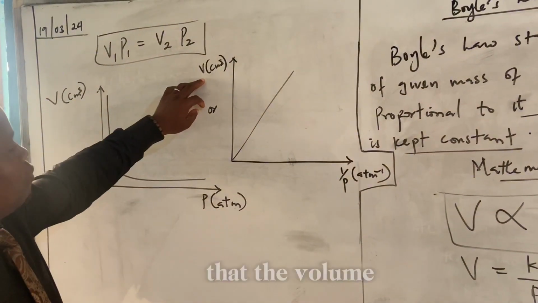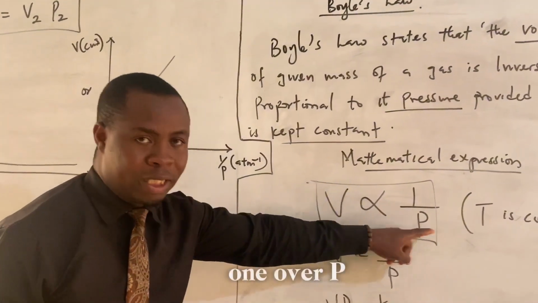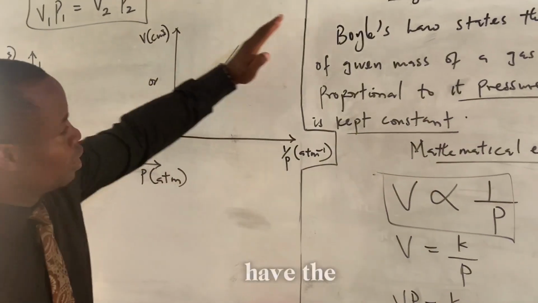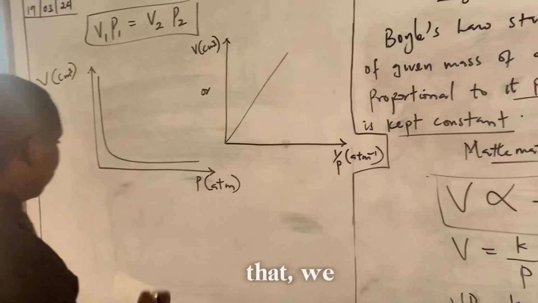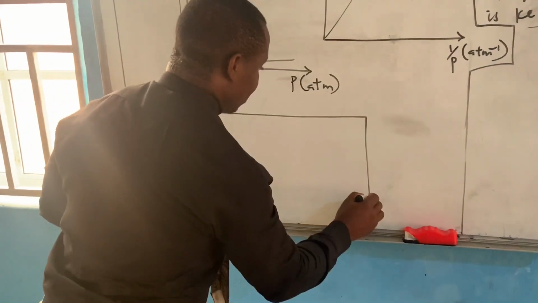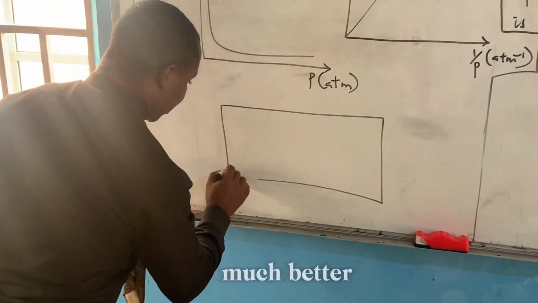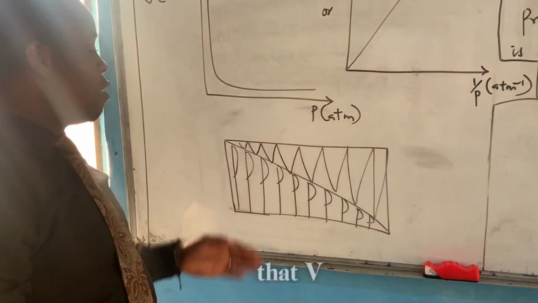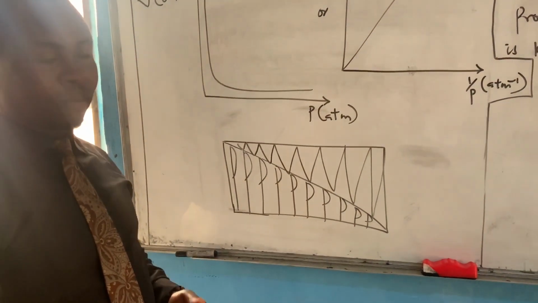So telling us that volume is directly proportional to 1 over P. That's why we have the graph going straight like that. Having known that, we should also understand this. I think this will buttress what we're talking about much better. As we go from left to right, you see that V keeps increasing while P decreases.